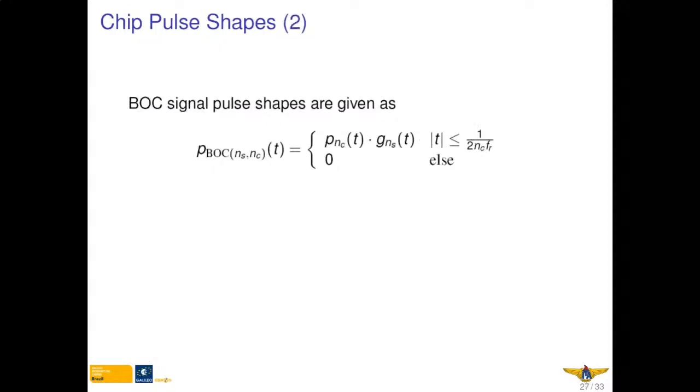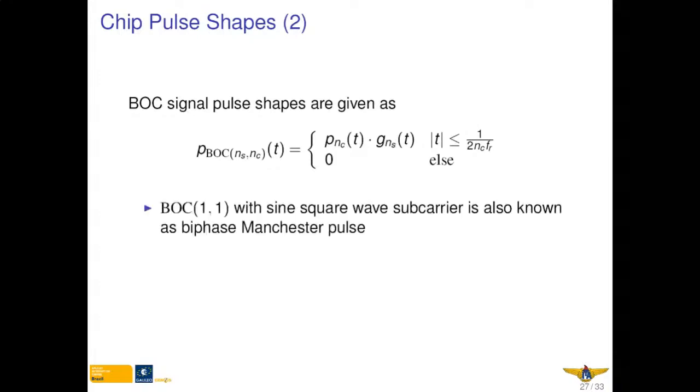The BOC signal pulse shape can be given by this: the multiplication of the rectangular pulse with the subcarrier wave. A BOC(1,1) sine-wave subcarrier is also known as the biphase Manchester pulse, and we again get a BPSK, a binary phase shift keying signal.